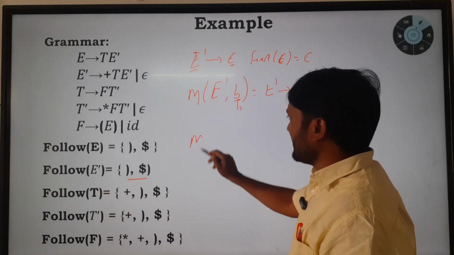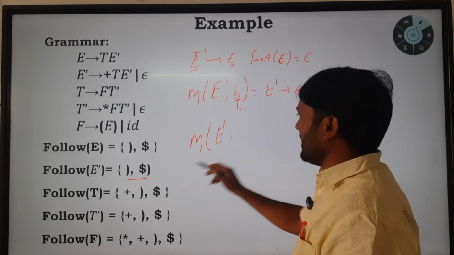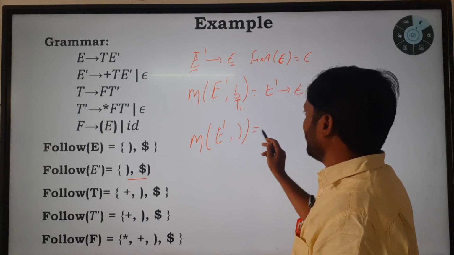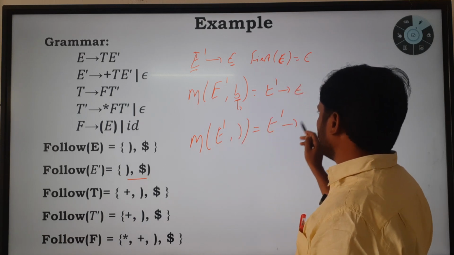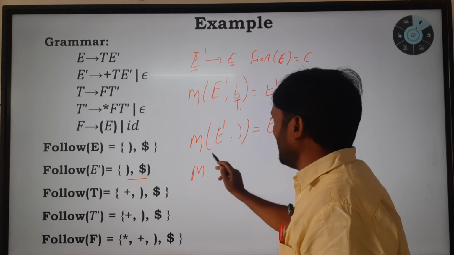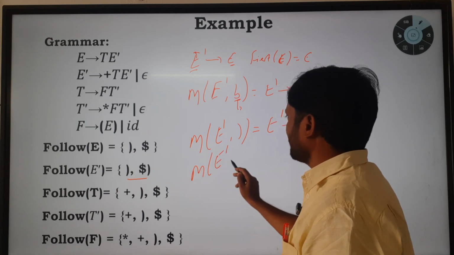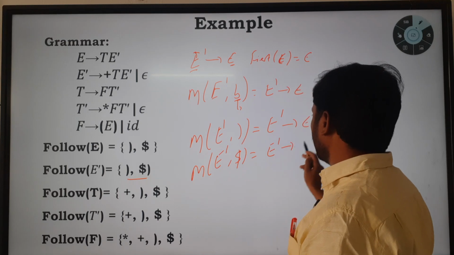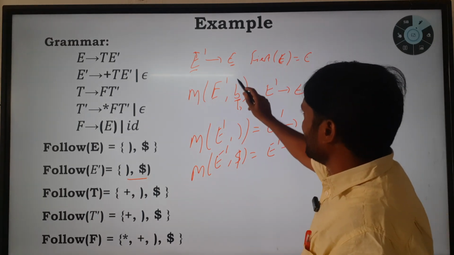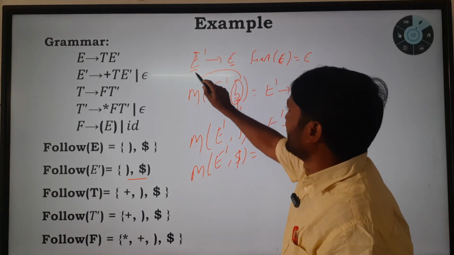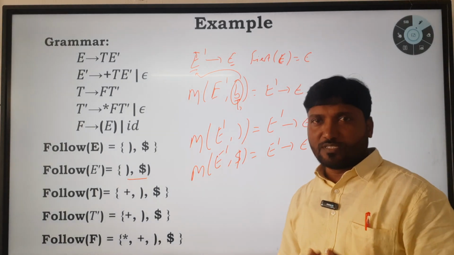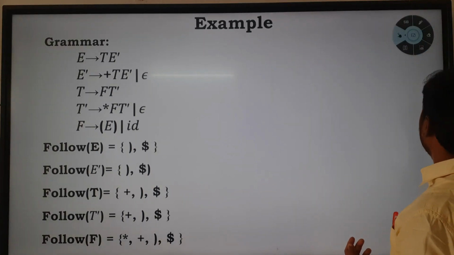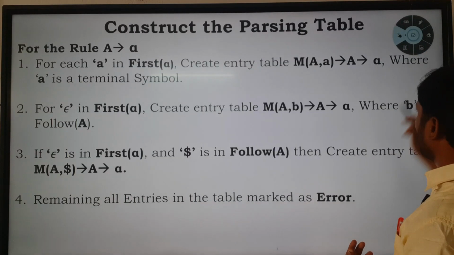That means M of E dash comma close bracket can be filled with E dash derives epsilon, and M of E dash comma dollar can be filled with E dash derives epsilon. That means these b symbols can be taken as follow of E dash. So this is how we consider the epsilon productions.